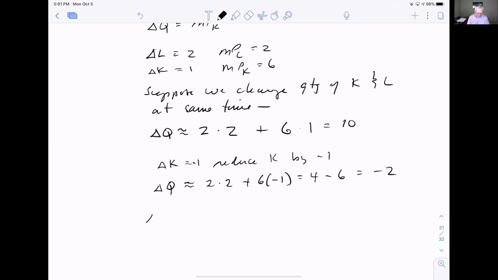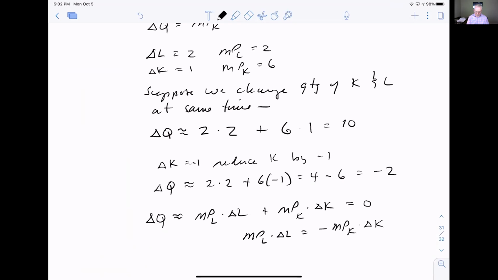Now, let me think about this more generally. So I've got delta Q is going to be the sum, approximately, of these 2 effects taking place simultaneously. The marginal product of labor times whatever change in L, plus the marginal product of capital times whatever change in capital. But if I'm moving along the isoquant, that tells me that delta Q has to be 0. So I end up with marginal product of labor times delta L is equal to minus marginal product of capital times delta K. And we're saying the slope of the isoquant, delta K over delta L, is the negative of the MRTS.